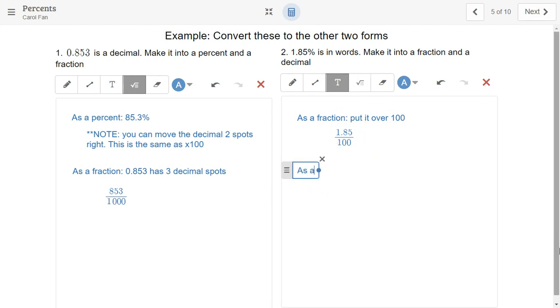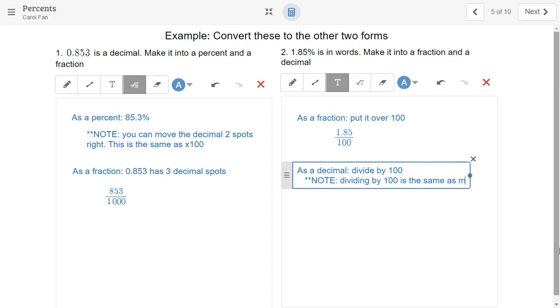Next, as a decimal, we're going to divide by 100. Dividing by 100 is the same as moving the decimal spot 2 units left.